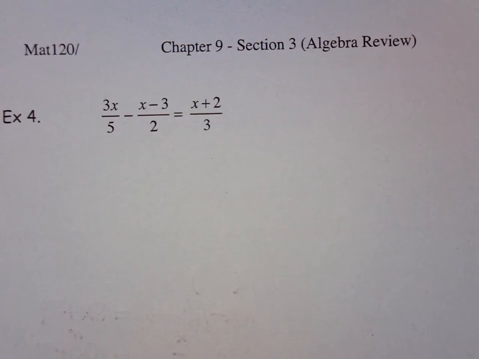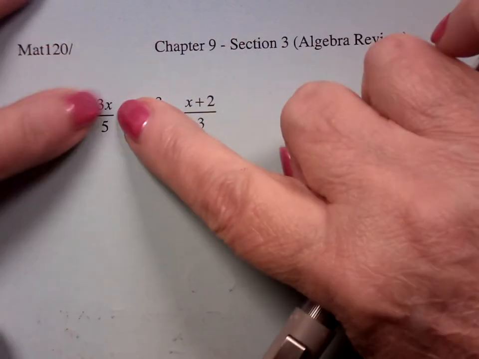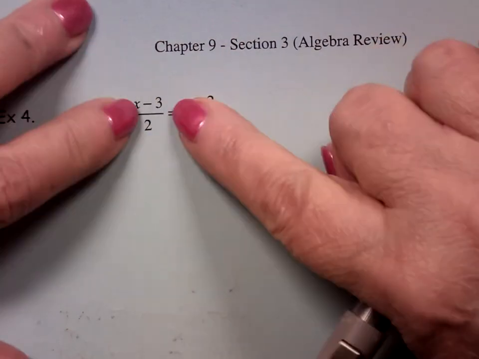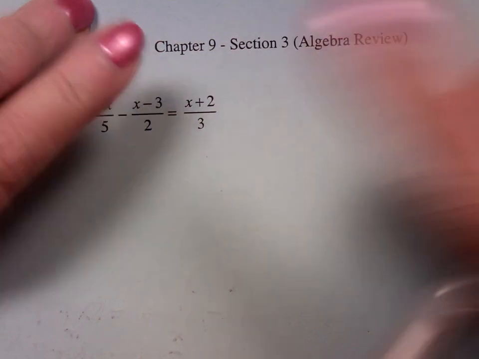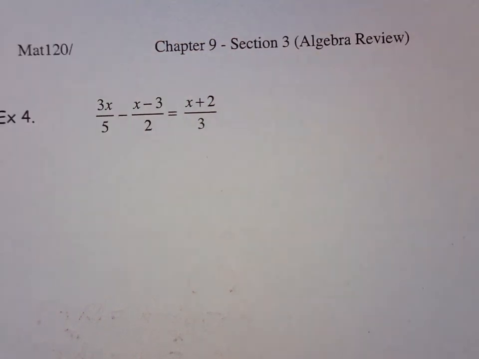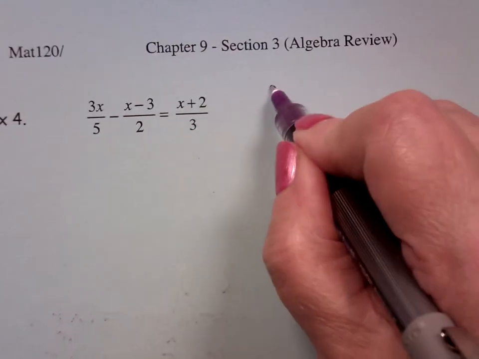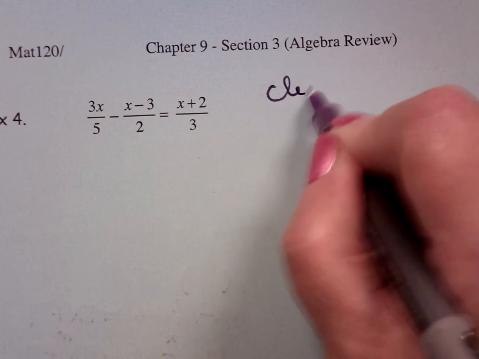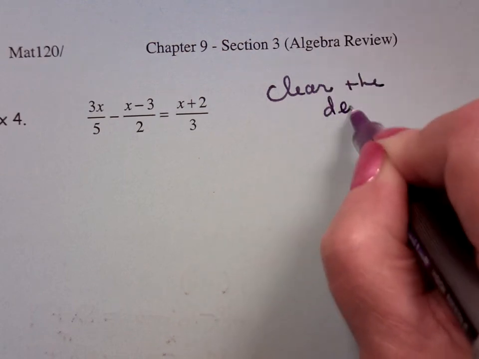Well, this guy's a little different in that what I notice is each one of these terms are fractions. And the way we handle that is that we're going to essentially clear the denominator.